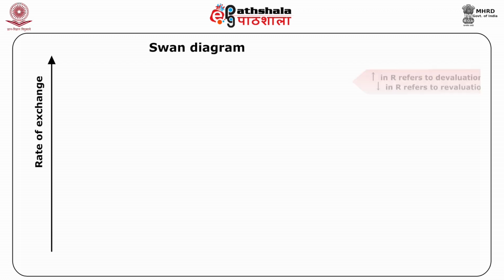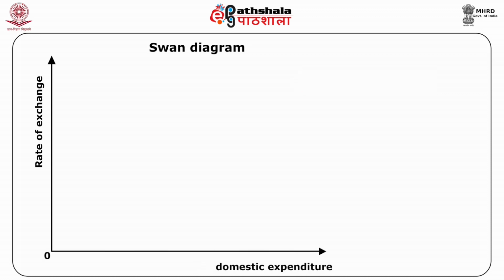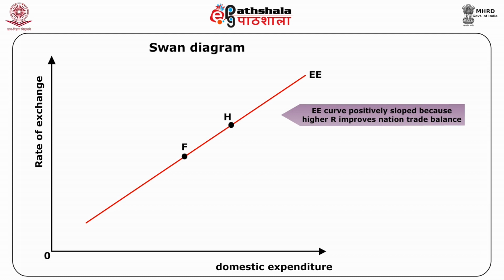An increase in R refers to a devaluation and a decrease in R refers to a revaluation. On the horizontal axis, domestic expenditure or absorption is shown. Points on the EE curve refer to external balance. The EE curve is positively sloped because a higher R due to devaluation improves the nation's trade balance and must be matched by an increase in real domestic absorption.